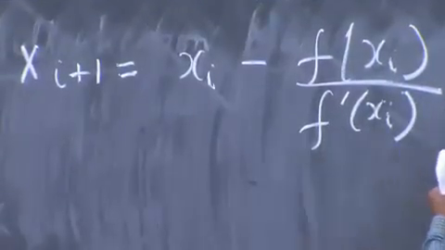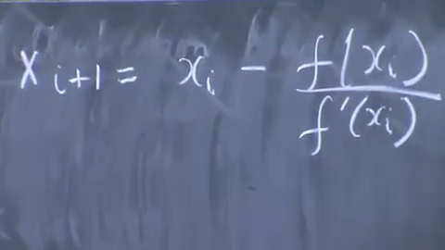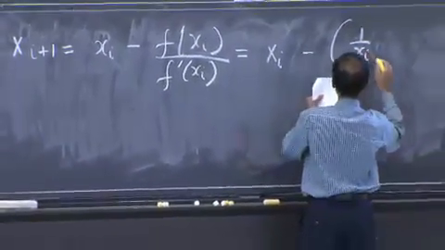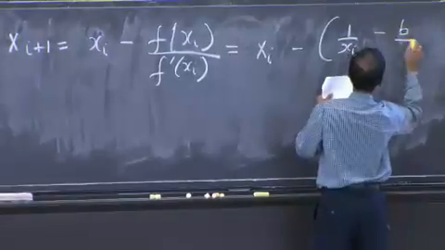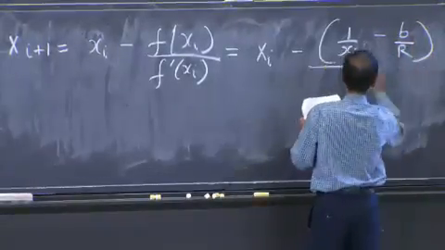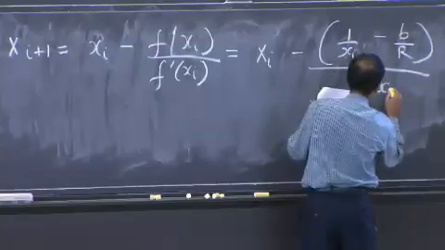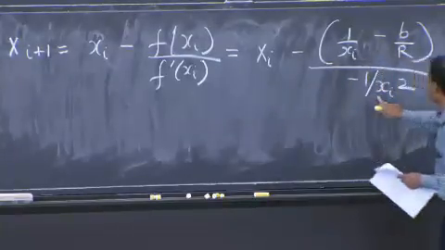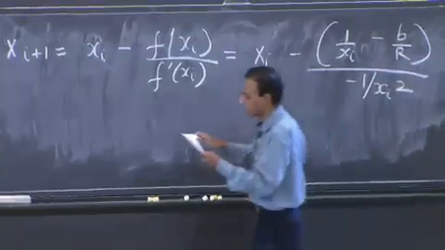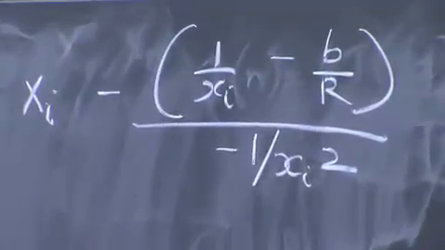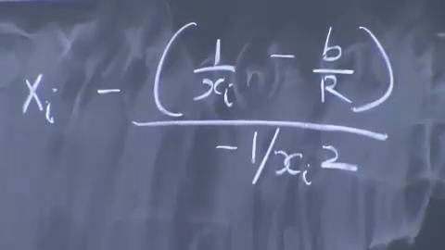It is worth plugging in the various values here. 1 divided by x_i minus b divided by r. That's f(x) on top, divided by minus 1 divided by x_i squared. So that's the derivative over here. All I'm doing is plugging things in, but you want to visualize this because this is really what we need to compute.